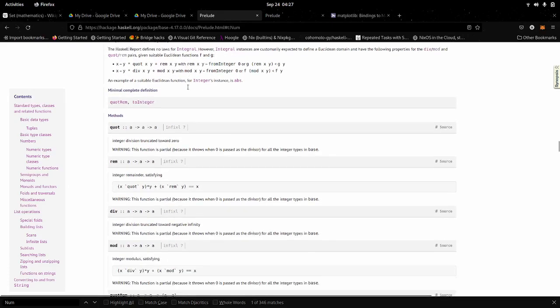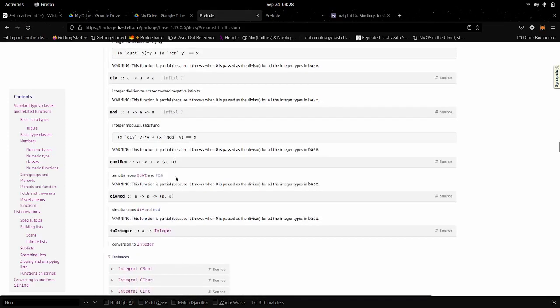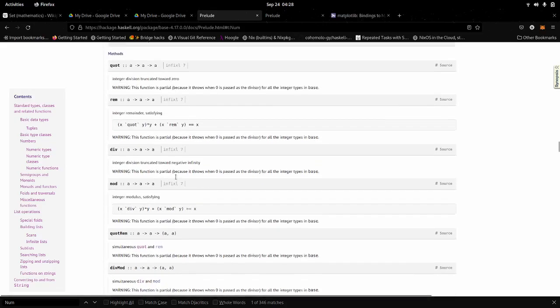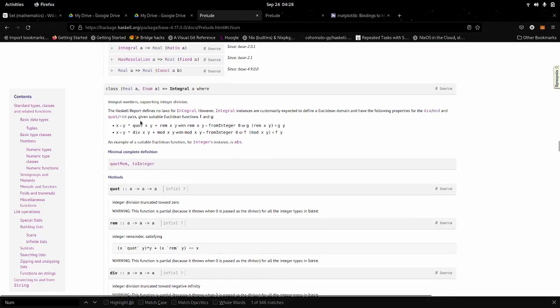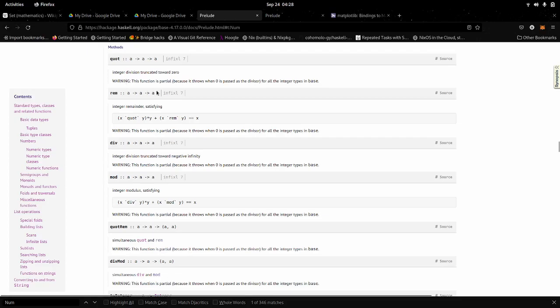Integral. If I do recall, it has a bunch of methods supporting integer division. We can see rem for remainder.